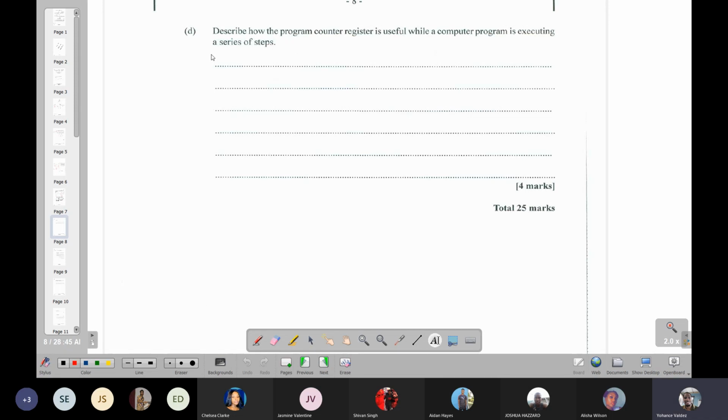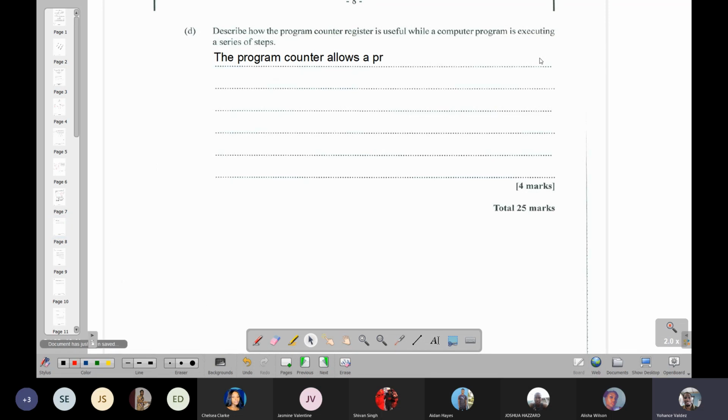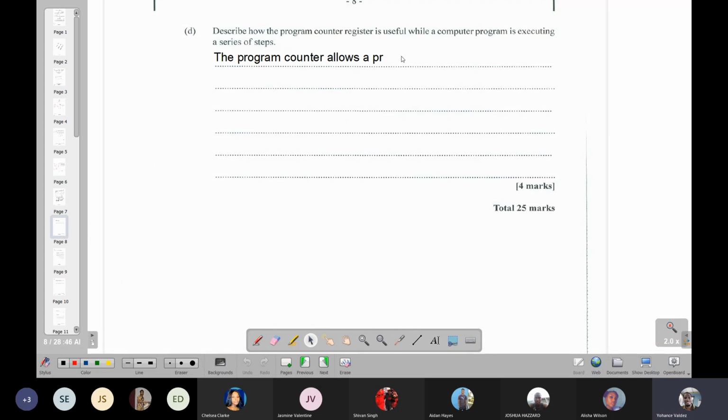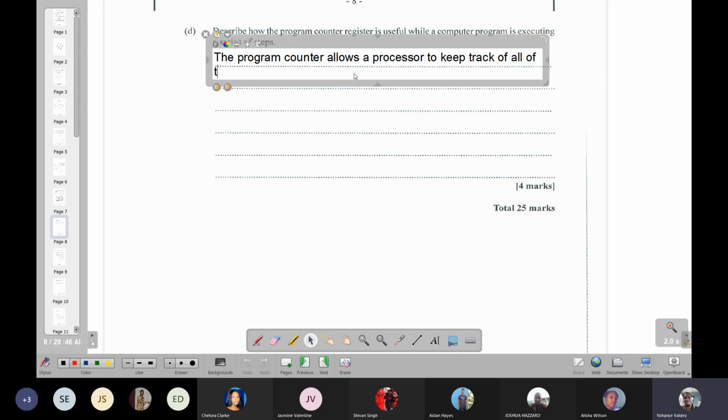So we know that the program counter allows a processor to keep track of all of the processes in the system that are yet to be executed.